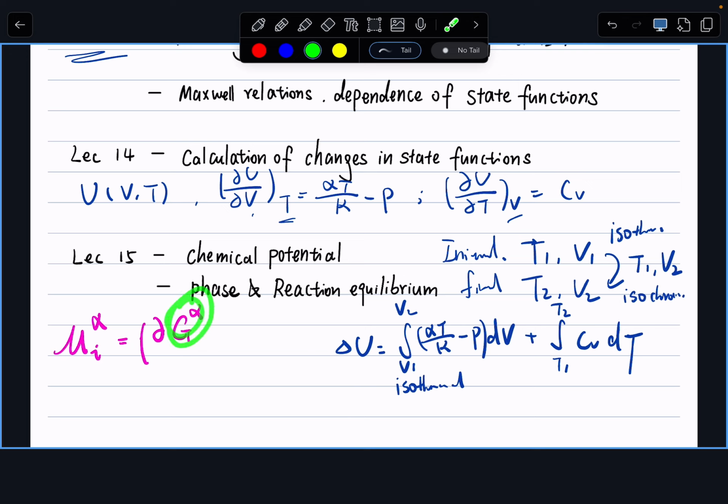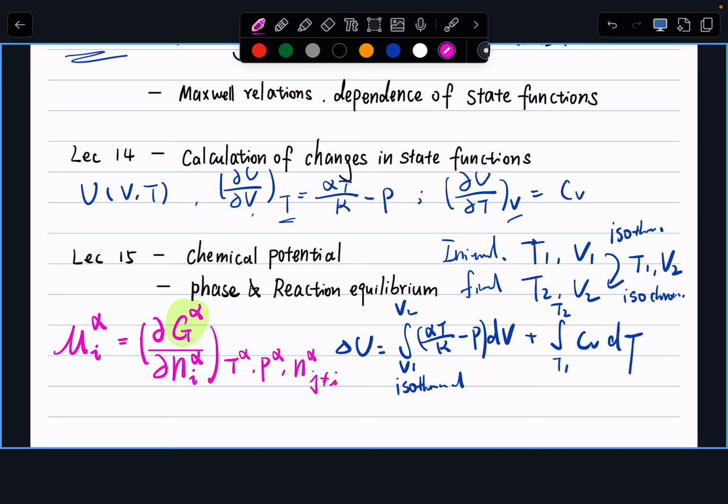Note that this is the most important part, where people mostly make mistakes: the partial derivative with respect to the number of moles of species i in phase alpha, while keeping the temperature of phase alpha, the pressure of phase alpha, and the number of moles of all other species in phase alpha constant.